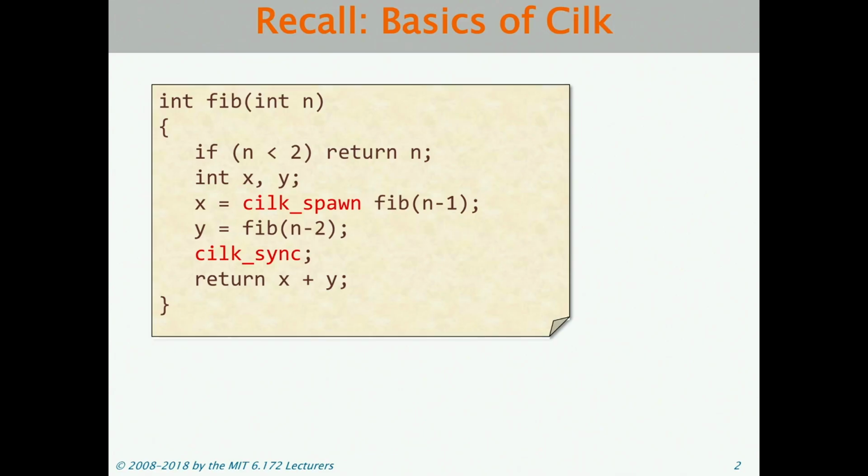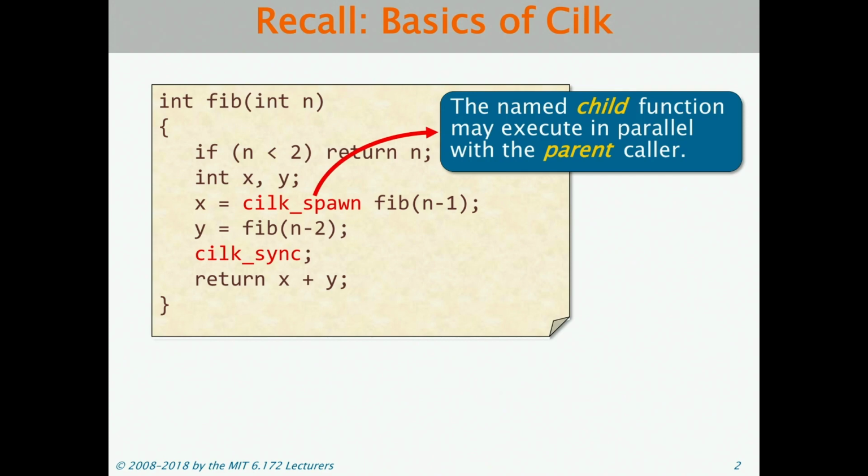Okay, as a reminder, let's look at the basics of Cilk. We have Cilk spawn and Cilk sync statements. This was the code that we saw in last lecture, which computes the nth Fibonacci number. When we say Cilk spawn, it means that the named child function, the function right after the Cilk spawn keyword, can execute in parallel with the parent caller.